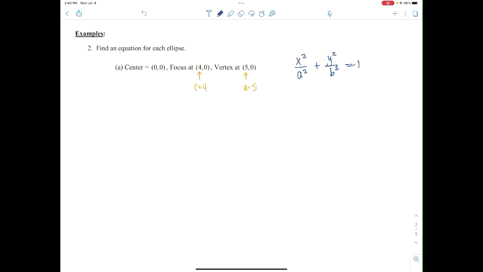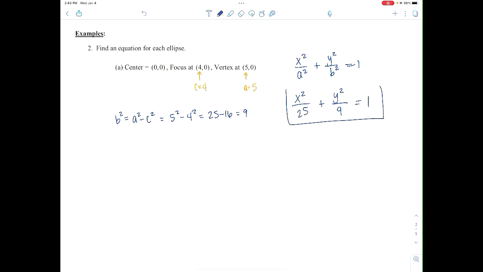And so we have a squared is going to be 5 squared, so x squared over 25 plus y squared, and we don't know b, so we need to find b. b squared is a squared minus c squared, so that's going to be 5 squared minus 4 squared, 25 minus 16, which is 9. So b squared is 9, and that equals 1. So now we have filled in our a and our b. We have our equation.